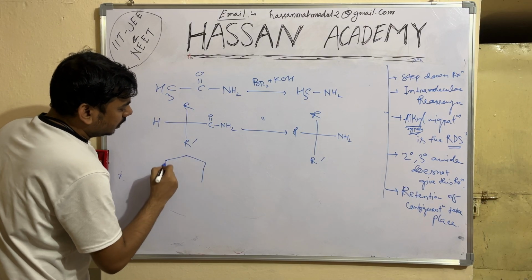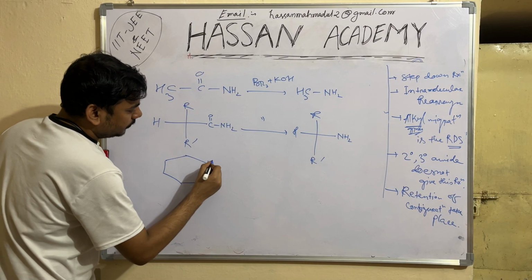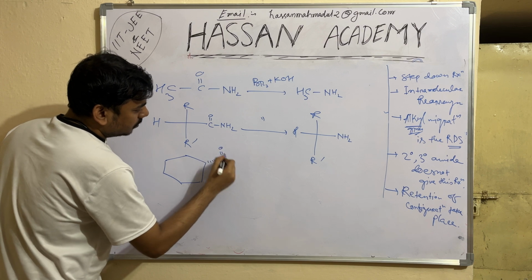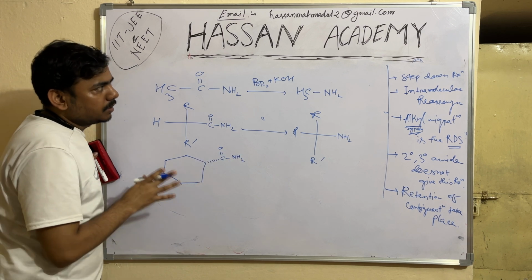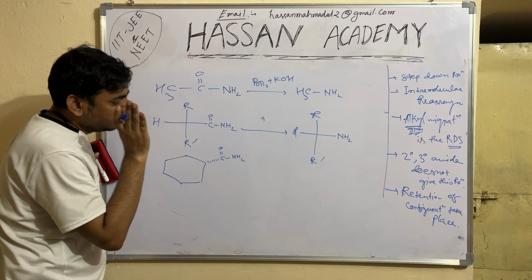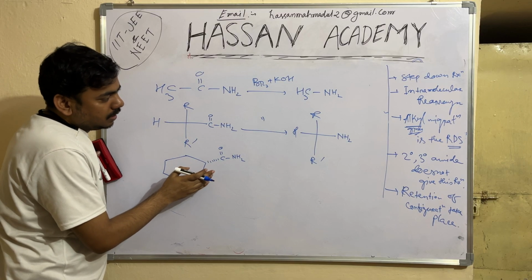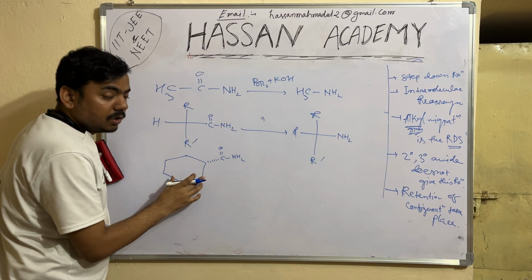Another example related to retention of configuration, let's give CONH2. So now the problem is, if you are not sure that this particular Hofmann bromamide degradation is going to retain its configuration, in the exam they will give 4 different options.